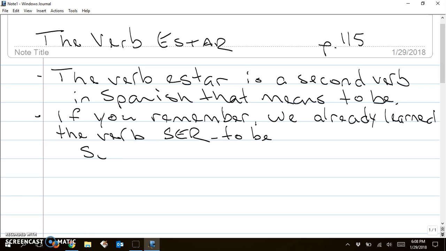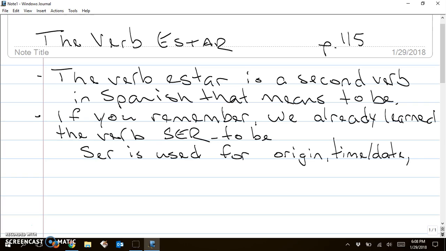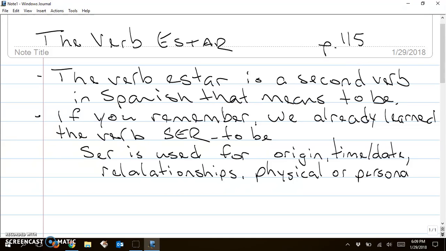But ser is used for origin, time and date, relationships, physical or personality traits, and occupation.